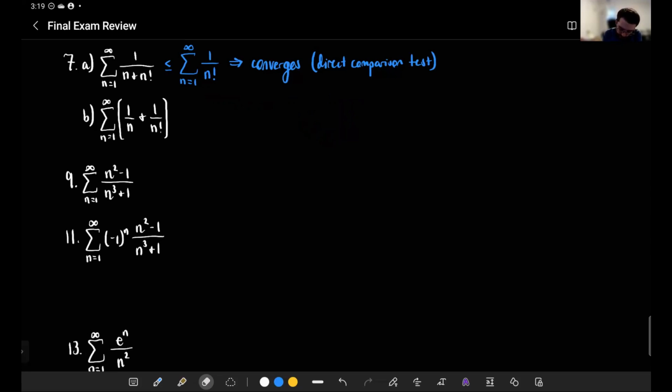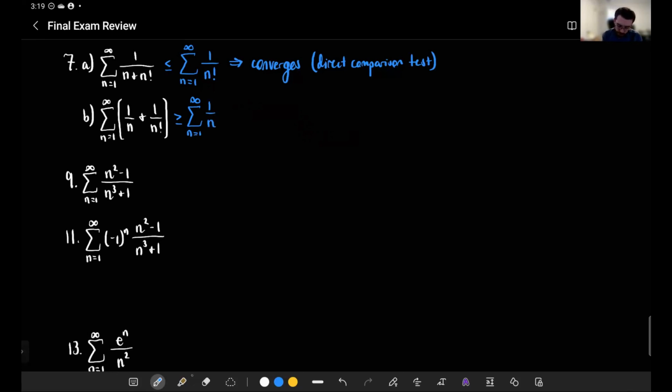Part B looks pretty similar. We have, again, 1 over n and 1 over n factorial, but this time we're adding those 2 fractions. And in this case, let's see. Yeah, in this case, this is now bigger than the harmonic series.